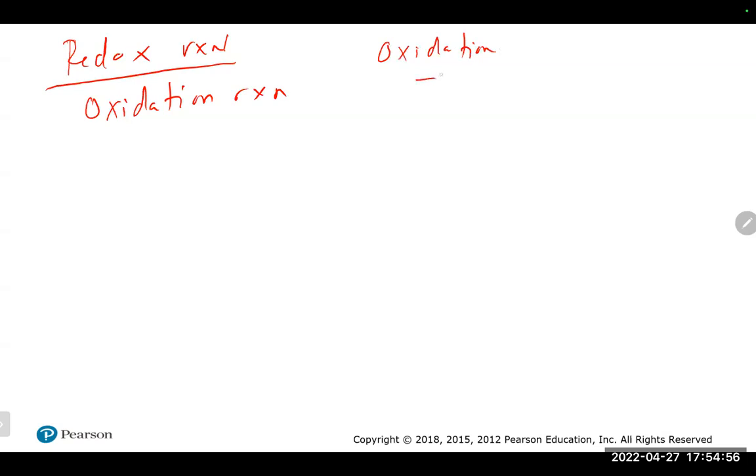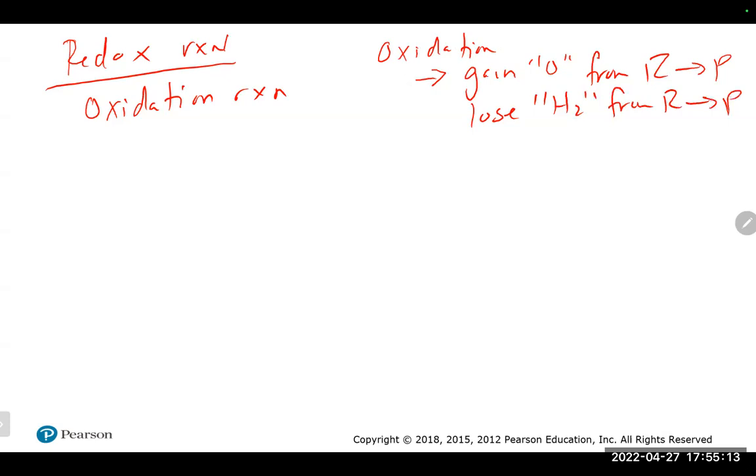Oxidation means that it has gained oxygen going from the reactant side to the product side, or it lost hydrogen, same deal. So whatever you're looking at, either gained oxygen or lost hydrogen would be an oxidation.